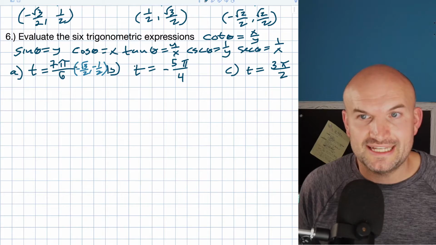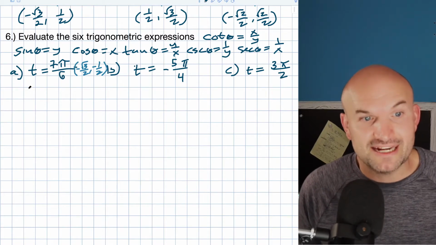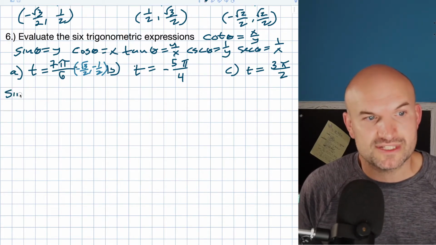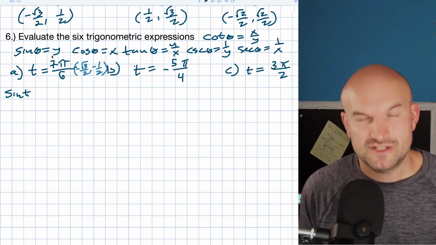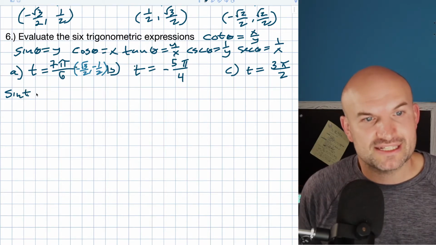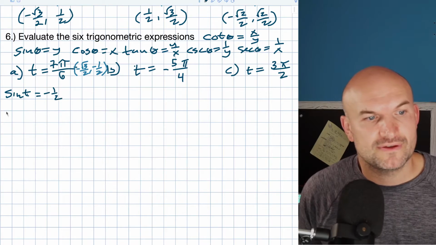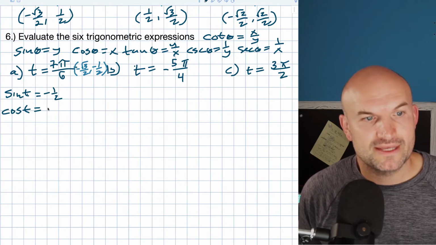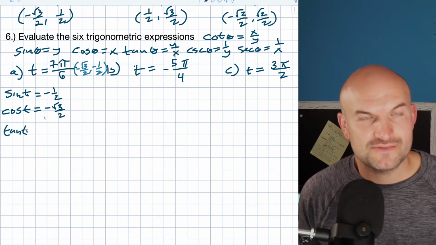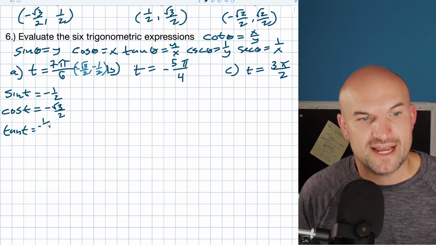So if I want to find the sine of this, that's going to represent the y coordinate. I'll just do sine of t because we already know t. So sine of t in this case is going to be negative 1/2. Cosine of t is going to equal negative square root of 3 over 2. And the tangent of t, this one's going to be a little bit more work, right? That's going to be y over x. So that's negative 1/2 divided by negative square root of 3 over 2.